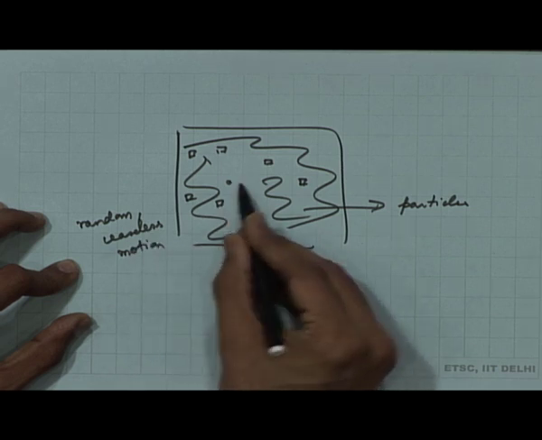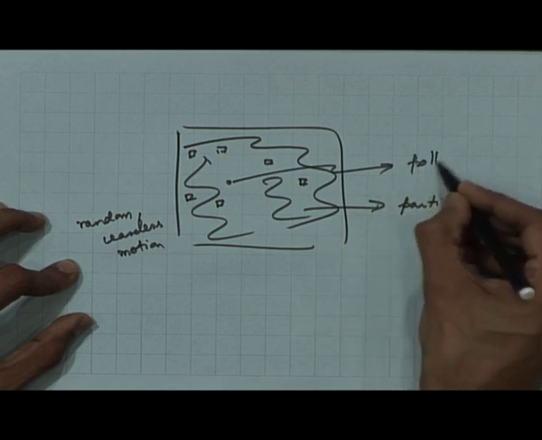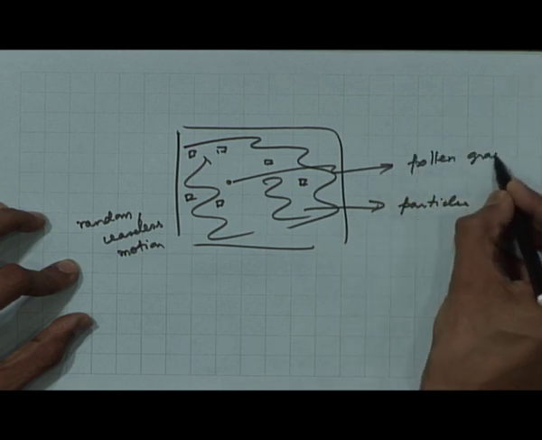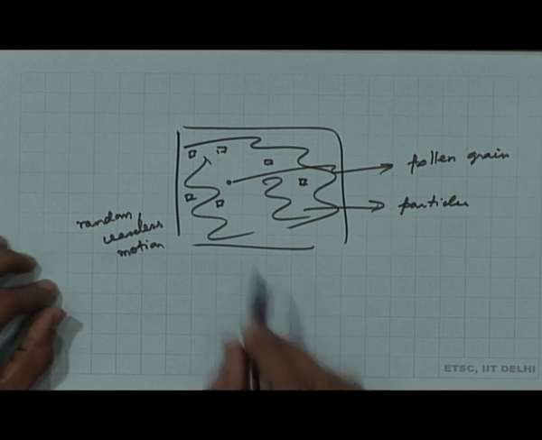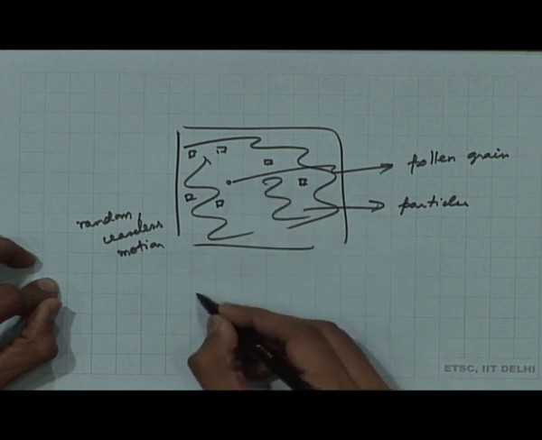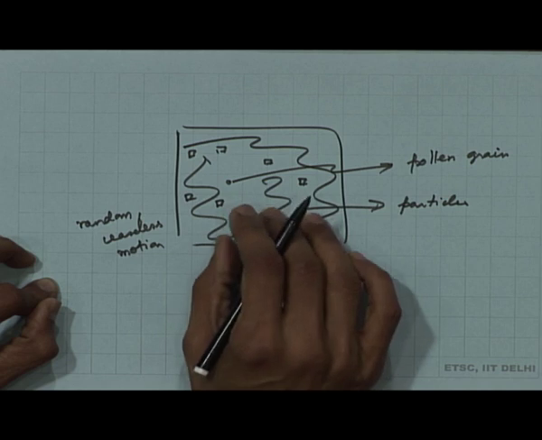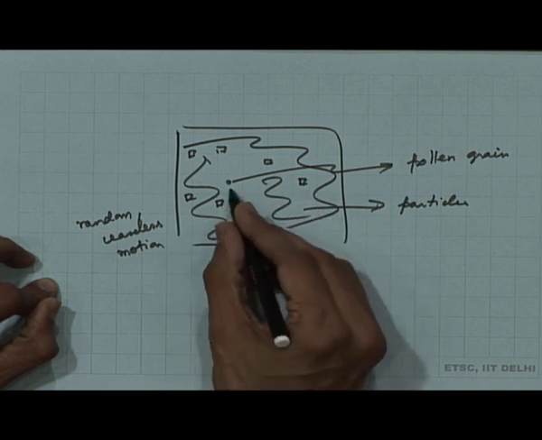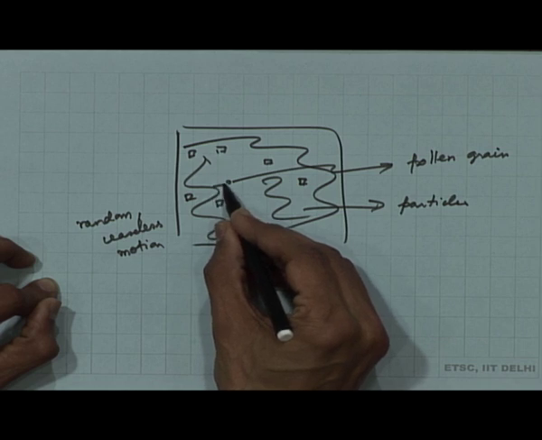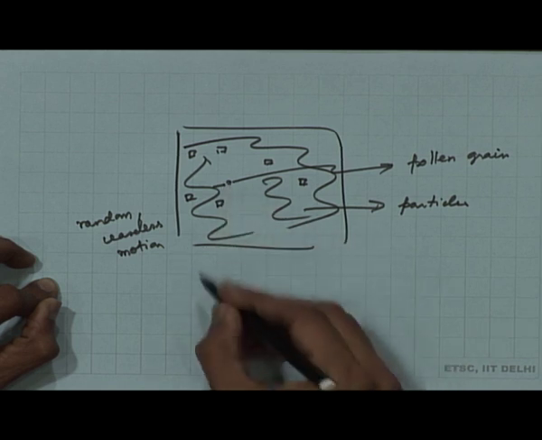So, if you take one particle here, the pollen grain, let us say, that Brown is interested in, you focus your microscope on this and you follow its trajectory. When a molecule of the solvent in which this pollen grain is suspended undergoes a collision with this, based on the momentum that the particle had, this particle will undergo a motion.